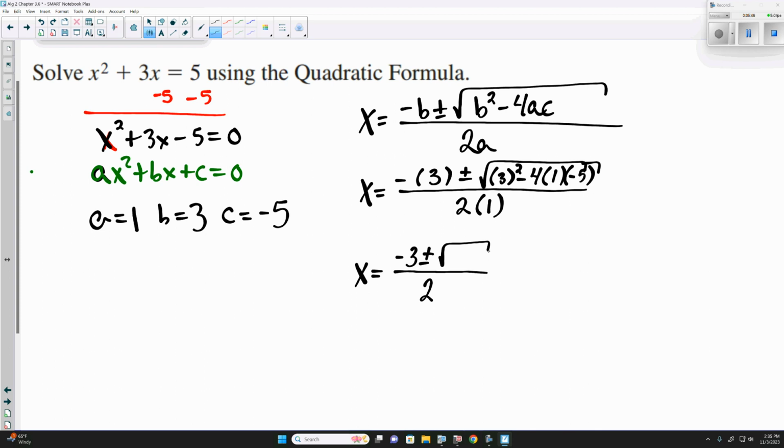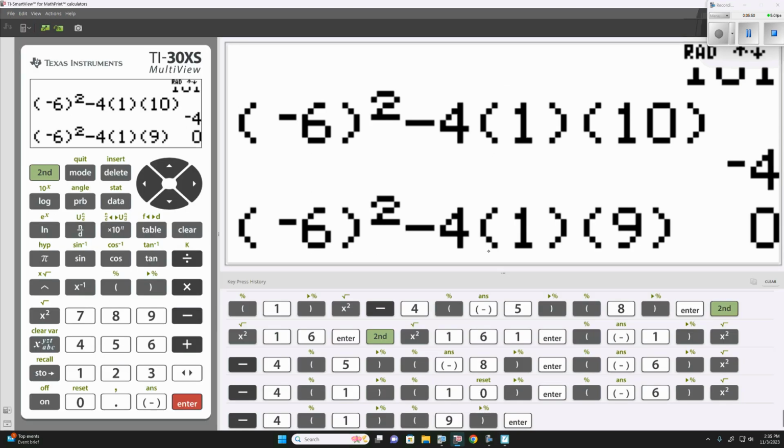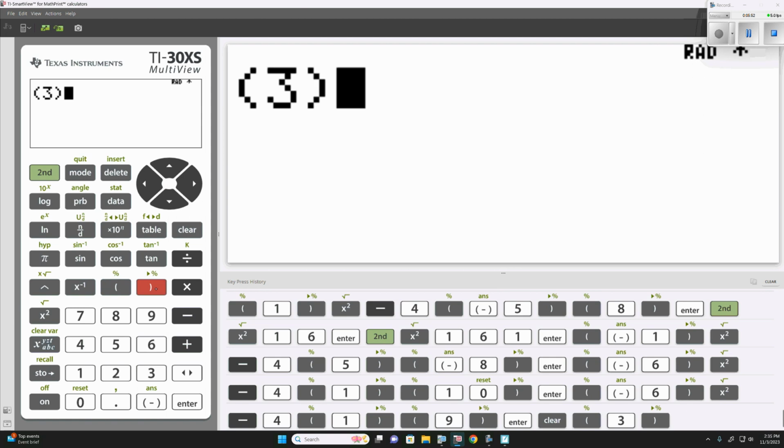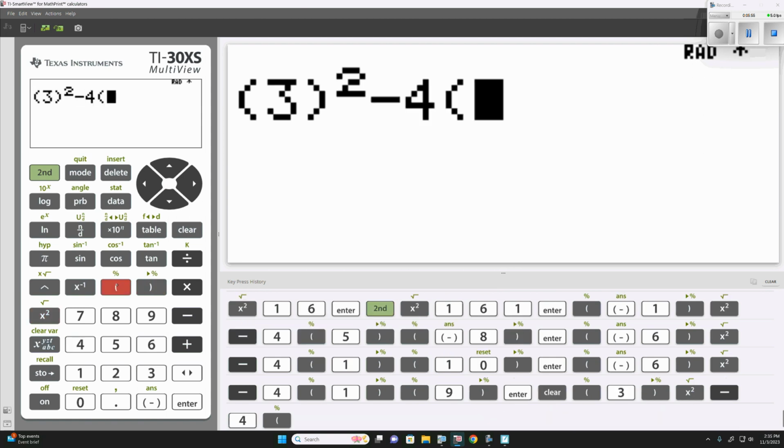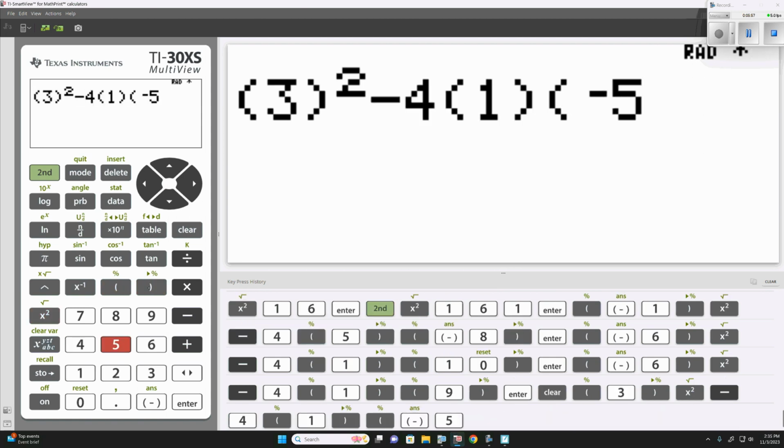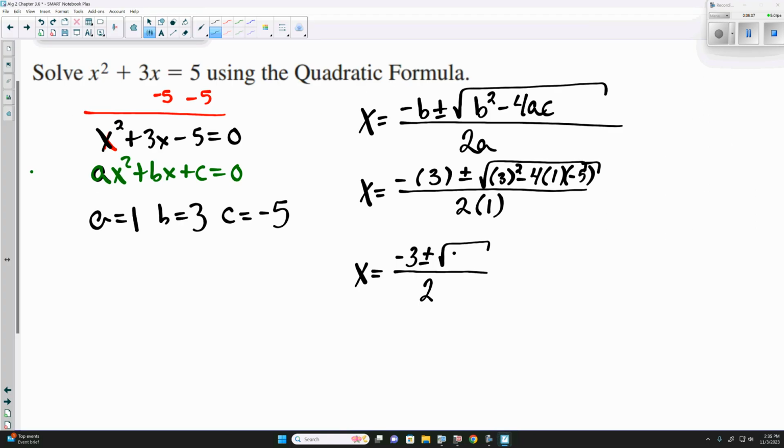So what I normally do is just take everything inside the radical. So we'll clear all that out, and we'll say 3 squared minus 4 times 1 times negative 5. So I'll type the whole thing in without a radical and get 29. So what we're saying is x is equal to negative 3 plus or minus the square root of 29 over 2.